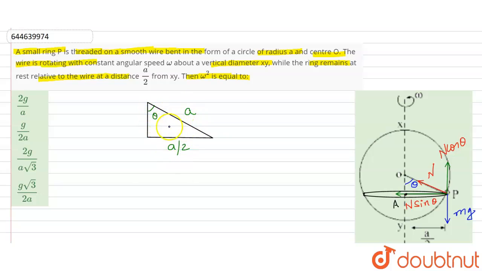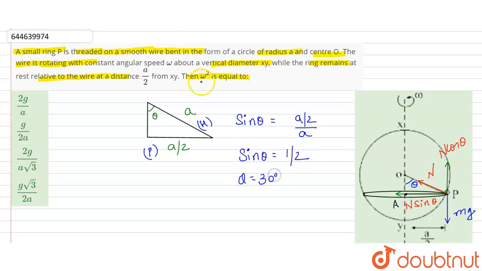From this triangle we can write sin theta equals perpendicular upon hypotenuse, so sin theta equals a by 2 upon a. So sin theta comes out to be 1 by 2, so theta is equal to 30 degrees. So here we get the value of theta.